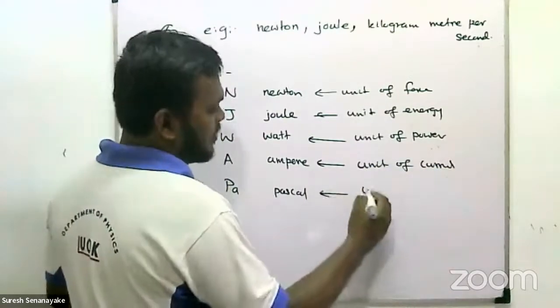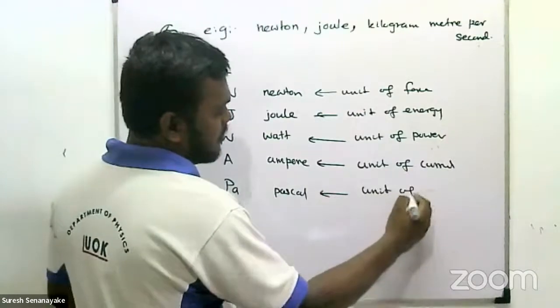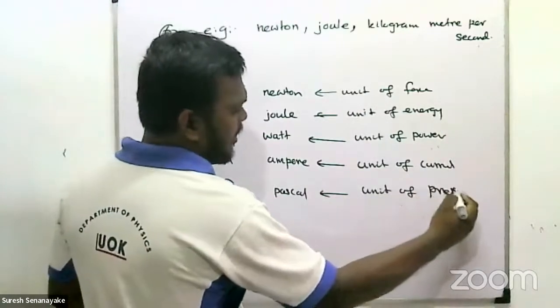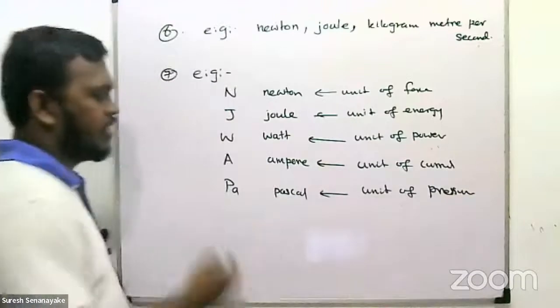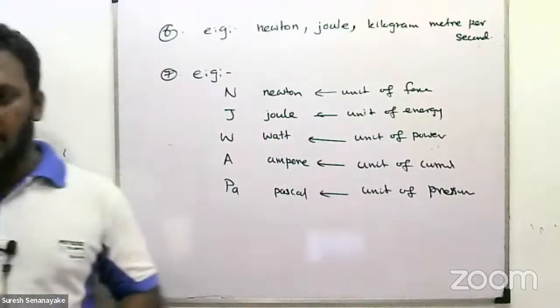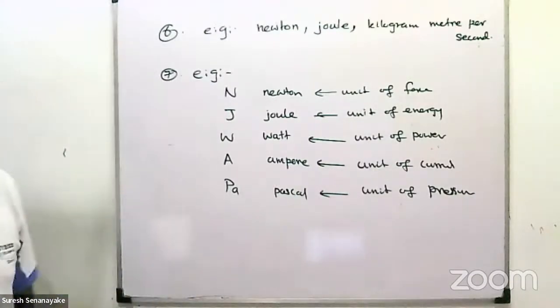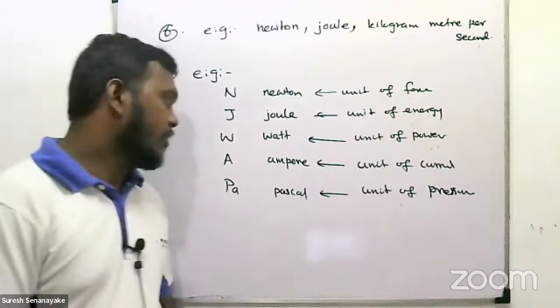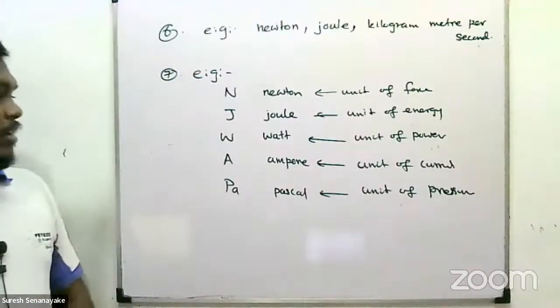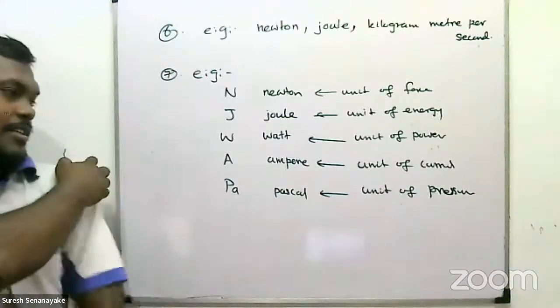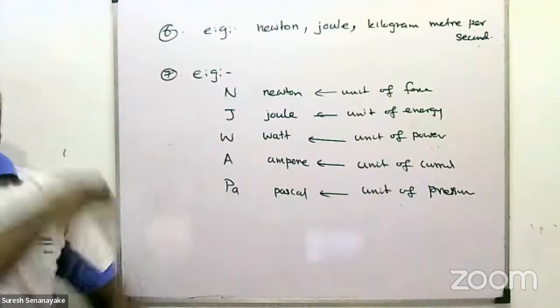Unit of pressure. There are many, so write these as examples. There's Henry, Coulomb, Farad, and what we are already writing, Kelvin and Weber.